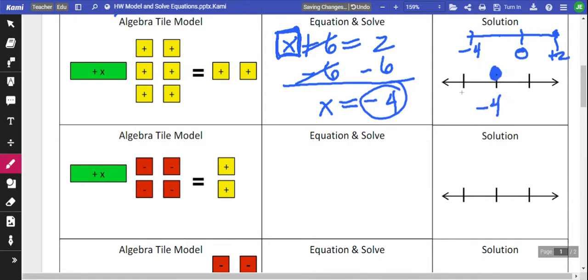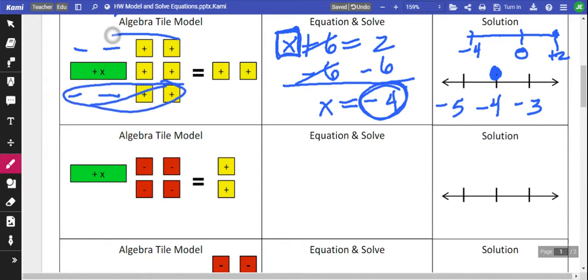And then we have negative 5 and negative 3. So if we wanted to check our answer, if we put 4 negatives over here, 1, 2, 3, 4, that would make 0 pairs, and then this would balance it, it would be equal.